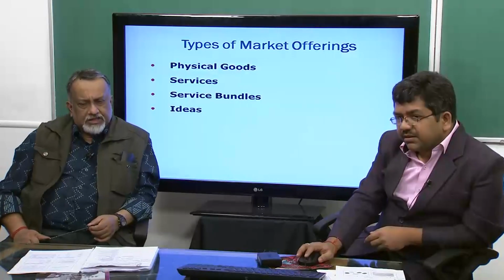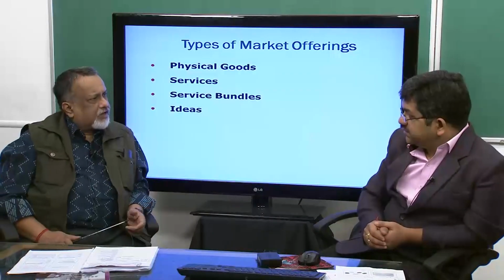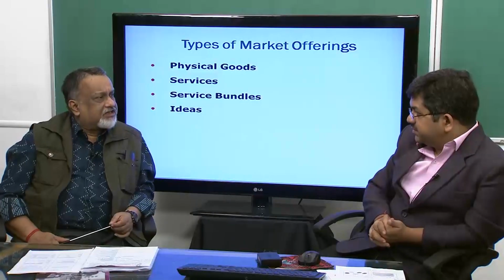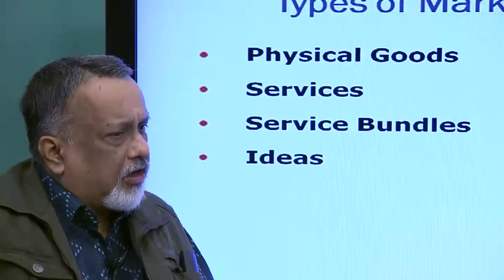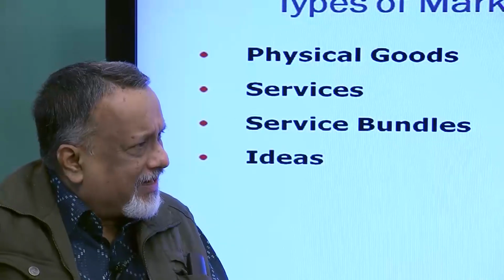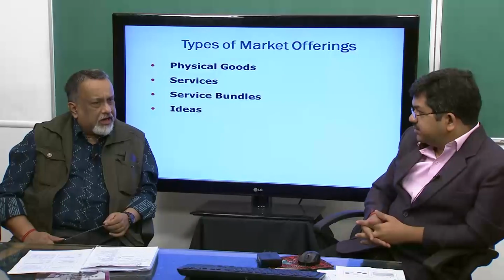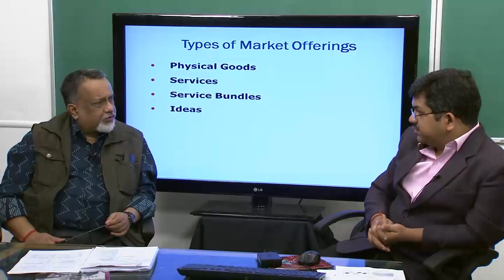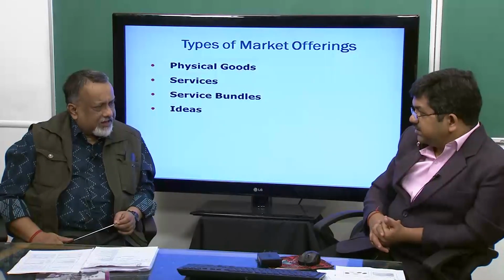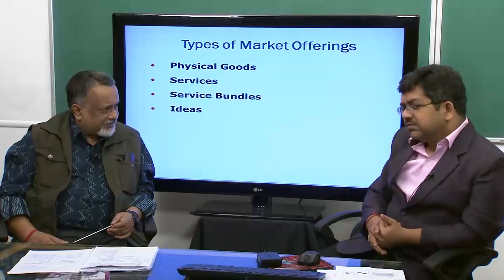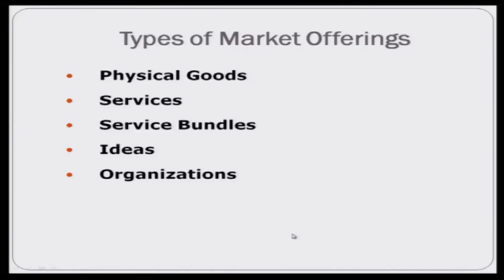Along with idea marketing, we also have what we call cause marketing. For example, girl child education, mother and child health, rural health, or the need for education at every level. These are now very powerful marketing areas. Then we also market organizations.